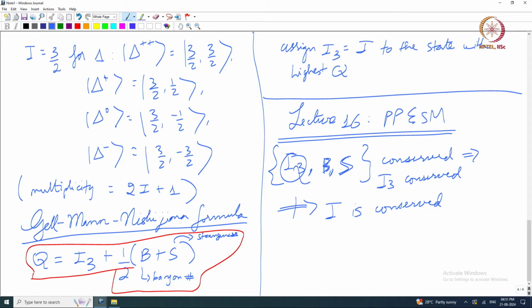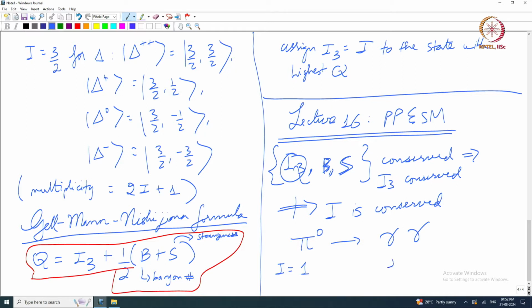Let us illustrate that with a very simple process that we have seen again and again, pion decay. What kind of multiplet does the pion live in? It is an isospin triplet. So on the left hand side I have total I equals 1, and what is isospin for a photon?